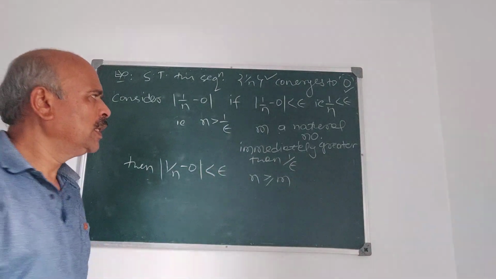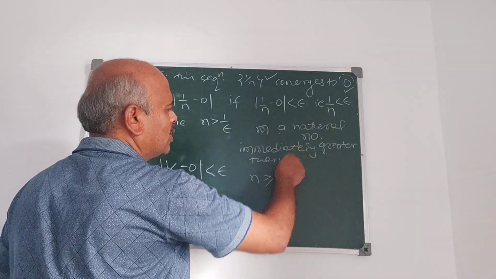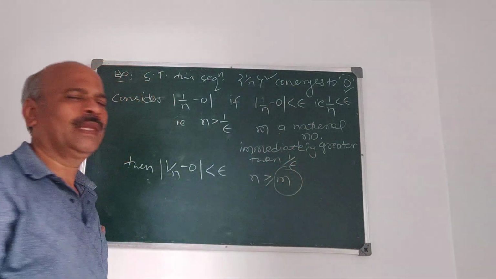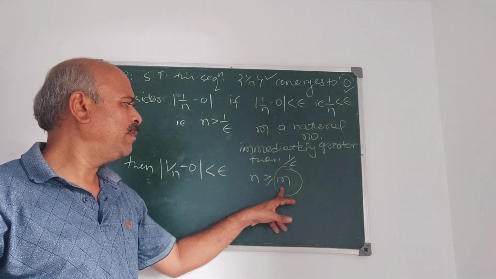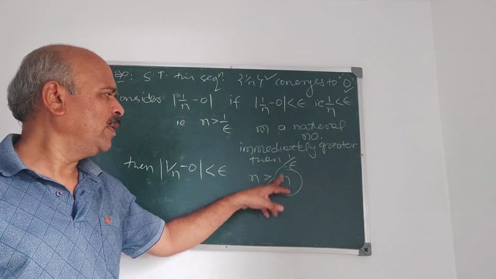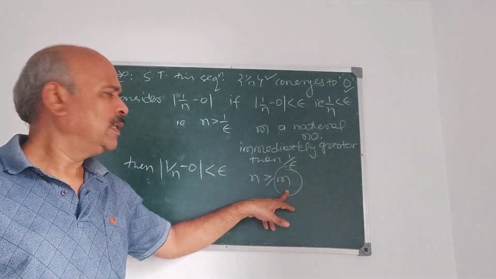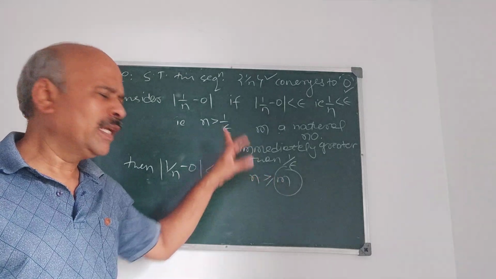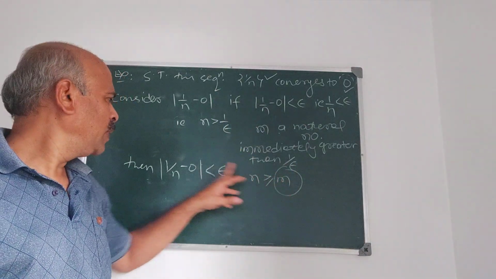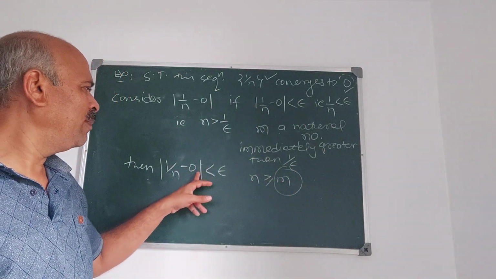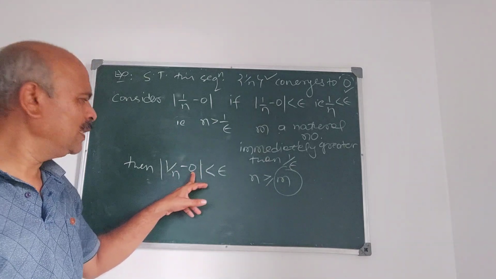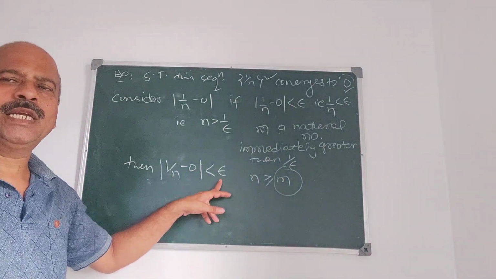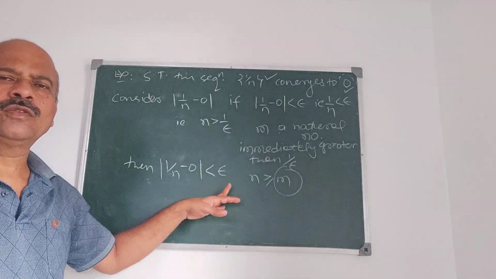Here we have proved that there exists such an m, however large, so that for all n greater than or equal to m, mod xn minus l, with l equal to 0, is less than epsilon. So xn converges to 0.